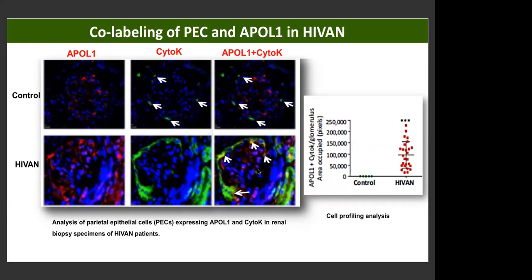And when we co-localize these two proteins, there are certain dots showing that in the HIV infection of parietal epithelial cells, there is an appearance of cytokeratin along with the APOL1. It means the parietal epithelial cells start showing the APOL1 expression along with HIV.